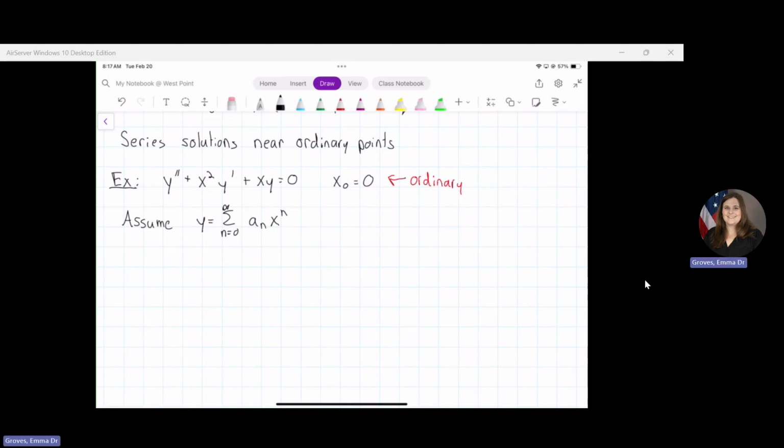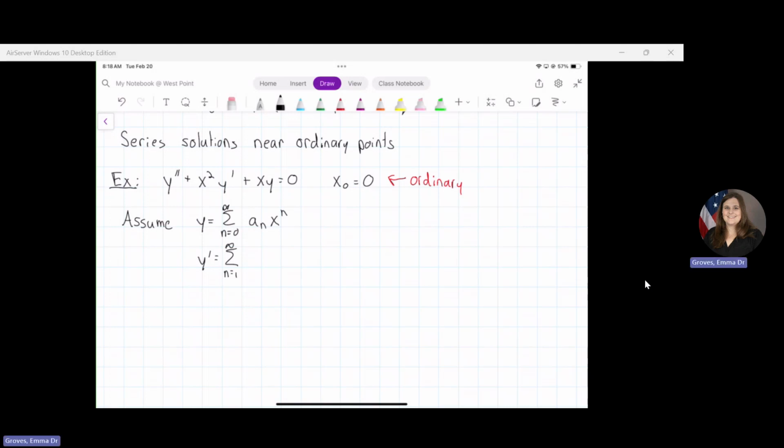And then we are going to find y prime and y double prime. So can someone tell me what y prime is here? Yeah, so it's the sum, but what do we need to do with our index when we take a derivative? Add 1, great.